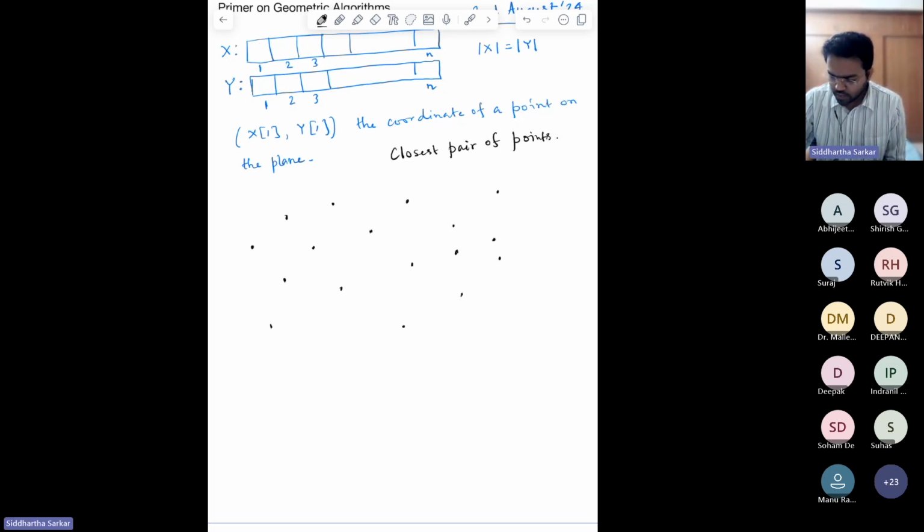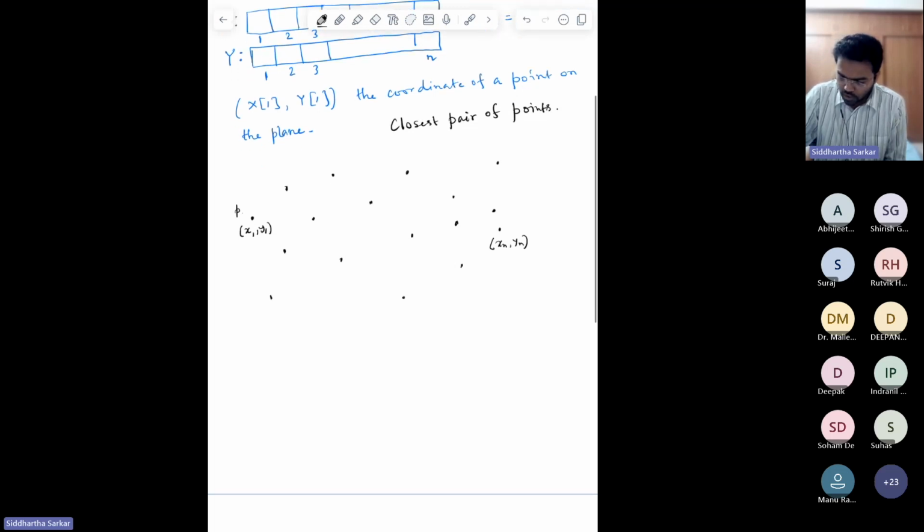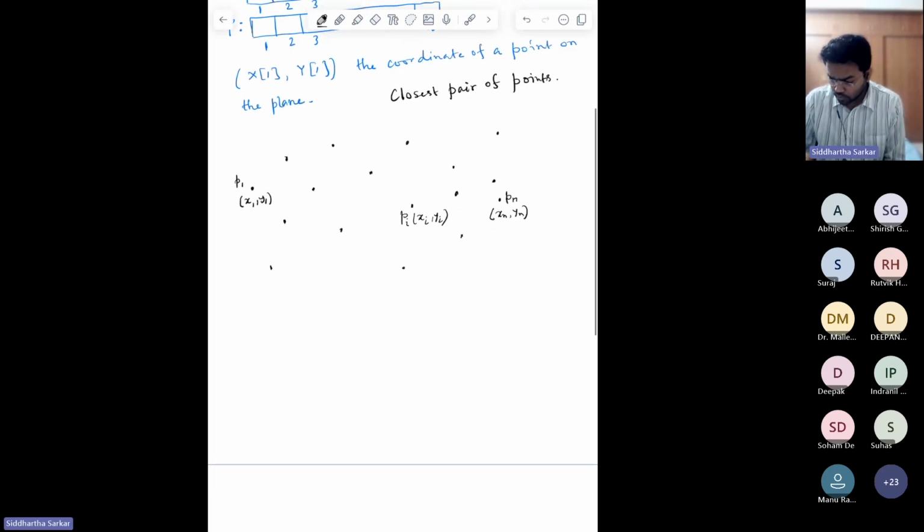You have been given n points, and these points are represented as pairs of numbers. Your objective is to report, let us say the first point is P1 and the last point is Pn, the ith point is Pi. So you want to output that pair.